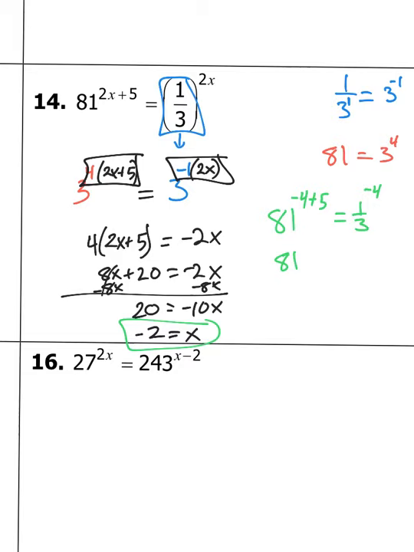Does 81 to the 1st equal (1/3) to the -4th? To change the -4 to a +4, I would flip the fraction and be 3/1 to the positive 4th. Does 3 to the 4th equal 81? Yes, it does. This is my answer.